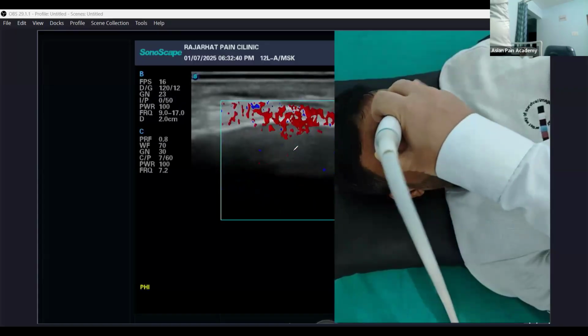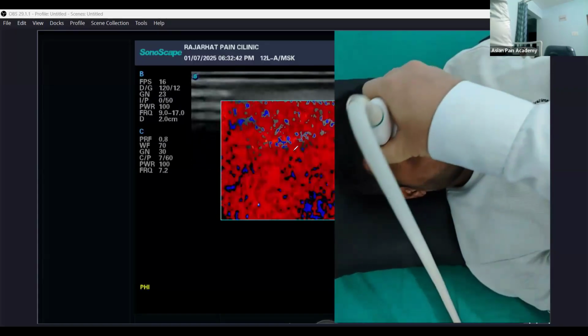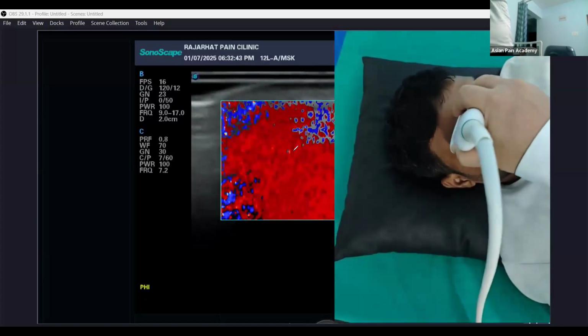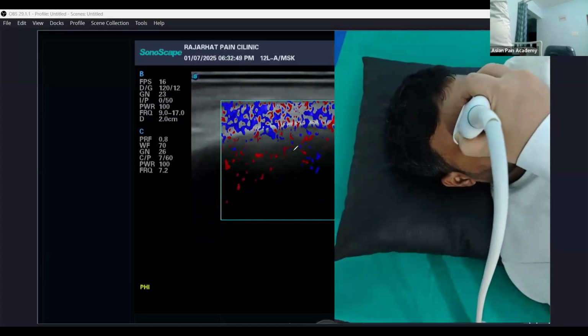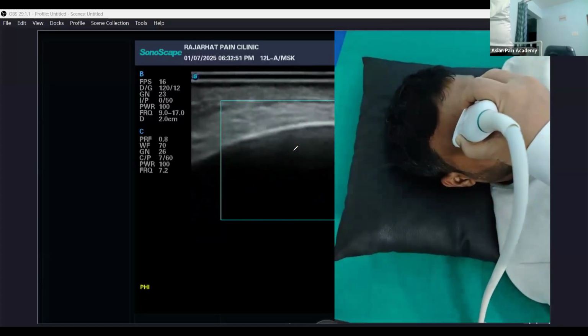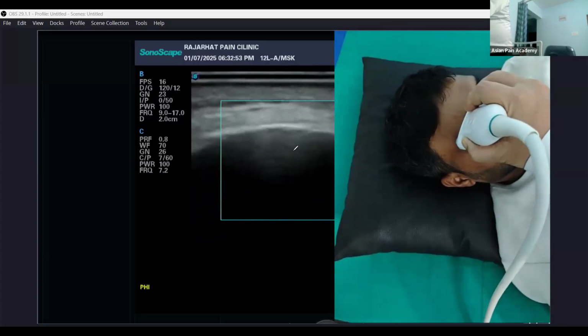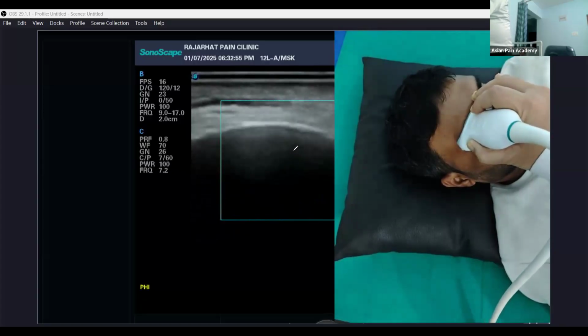So let me see whether it takes the color or not. First when I put the probe like this, I can see the cortex, regular bony cortex, and there is no gap. But when I come like this, suddenly I see that there is a gap and there is a vessel pulsating.